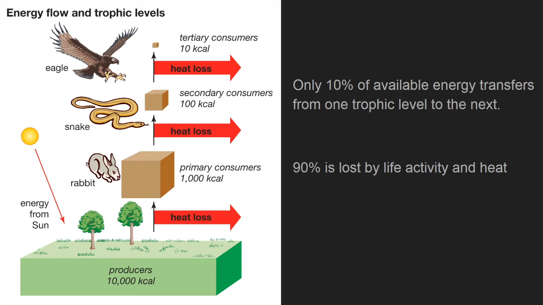Every trophic level transfer, 90% of the available energy is lost. We use it to incorporate, to build proteins, to keep ourselves functioning. And that energy is radiated off. It is not transferable.